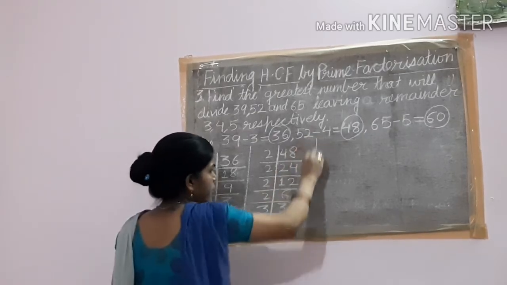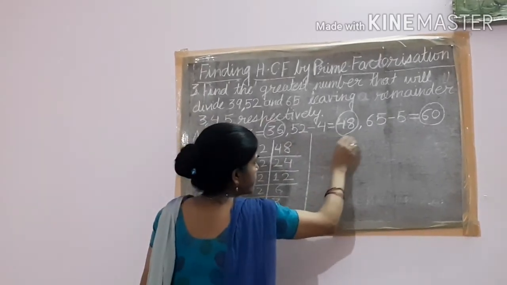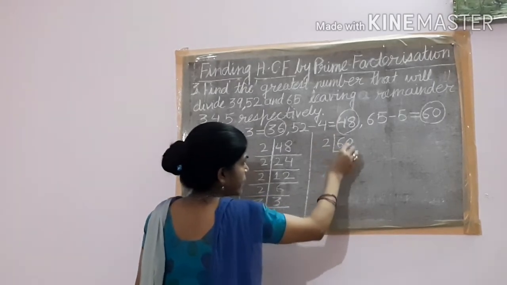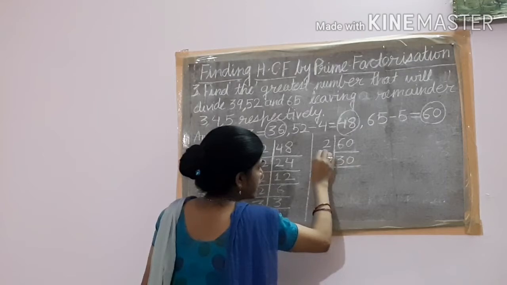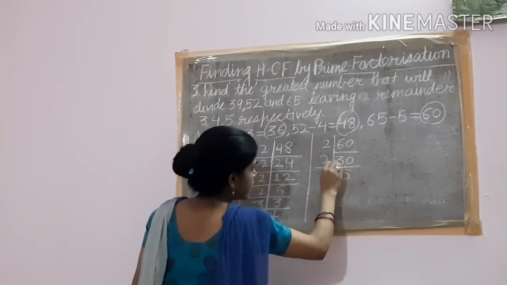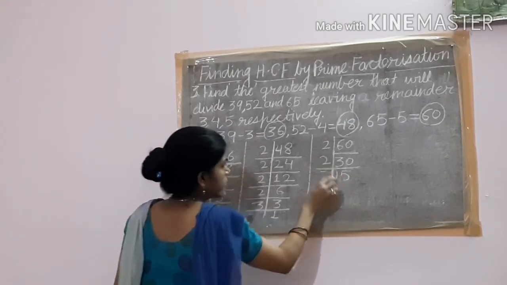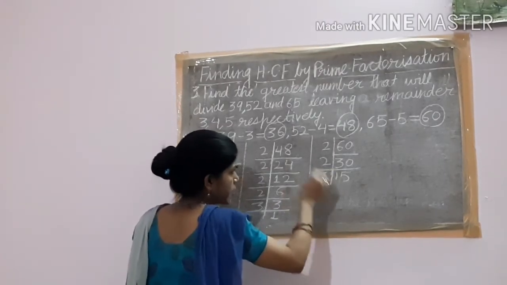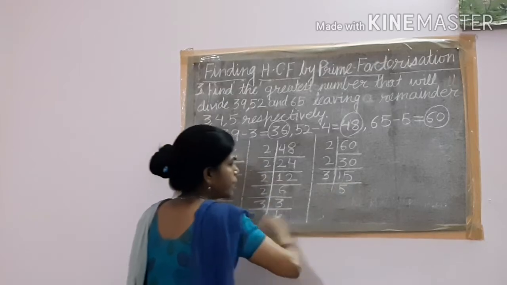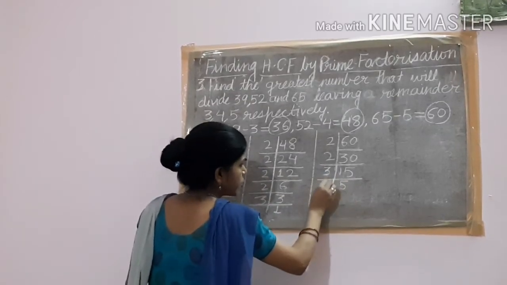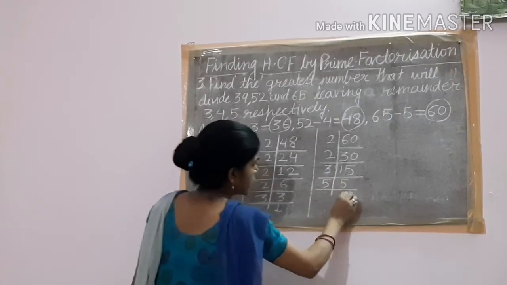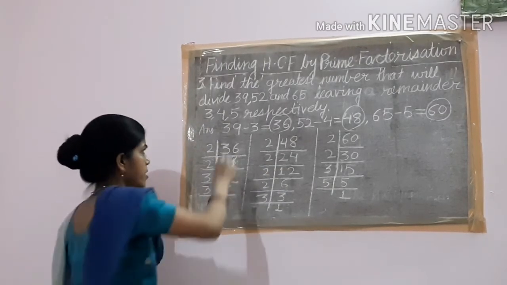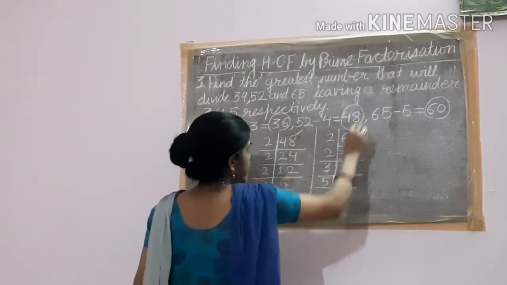Now the next number, 60. 2 threes are 6 and 0. 2 fifteens are 30. Then this 15 is not divisible by 2. You take the next prime number 3. 3 fives are 15. 5 is also a prime number, so 5 has only 2 factors. 5 ones are 5. I have done the prime factorization of these three numbers: 36 also, 48 also and 60 also.